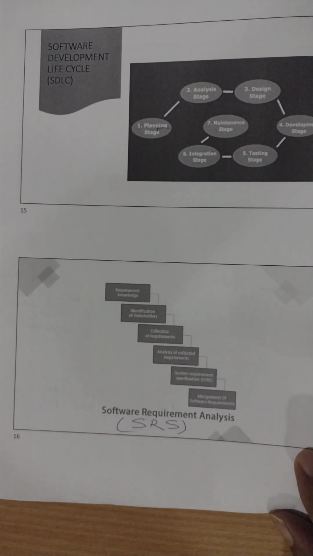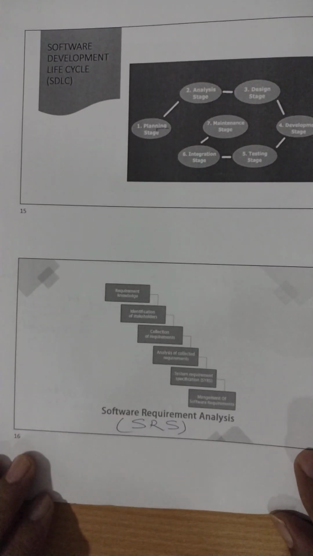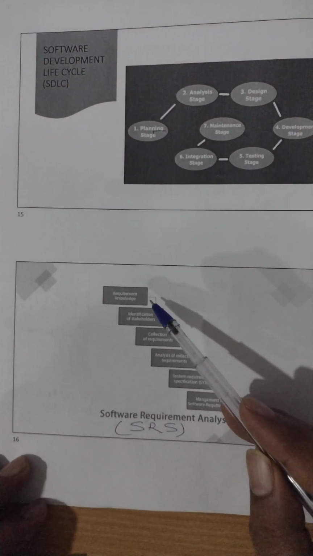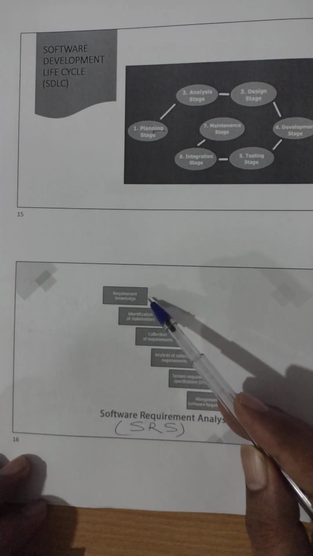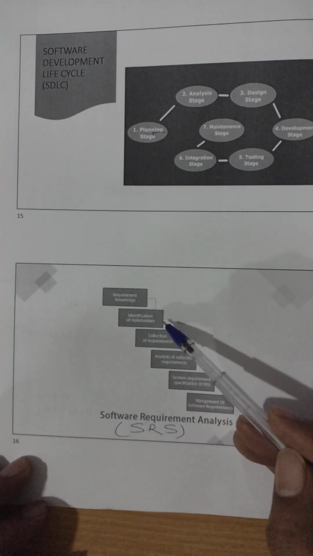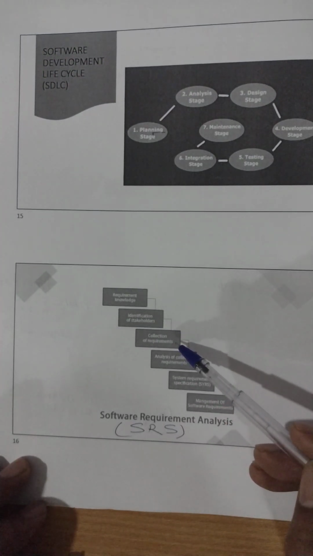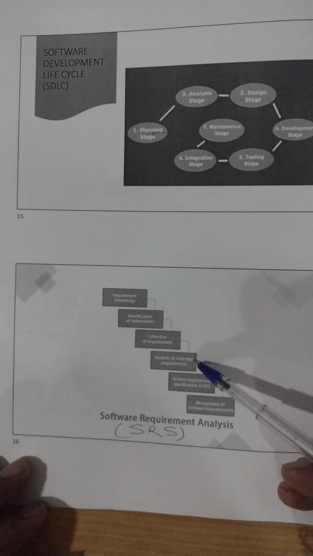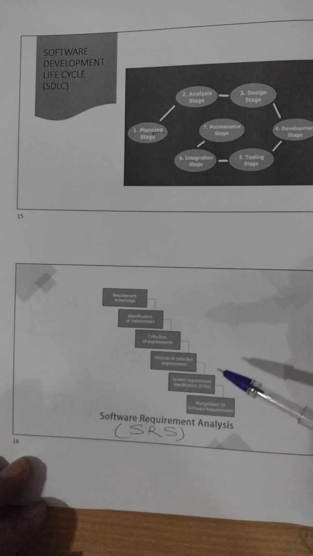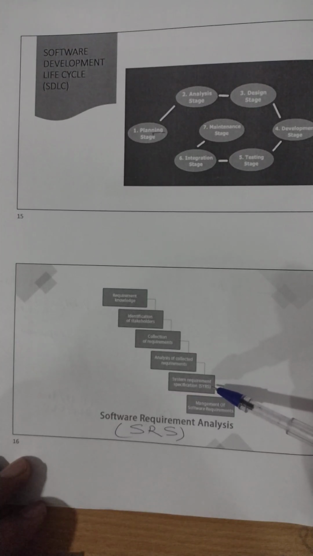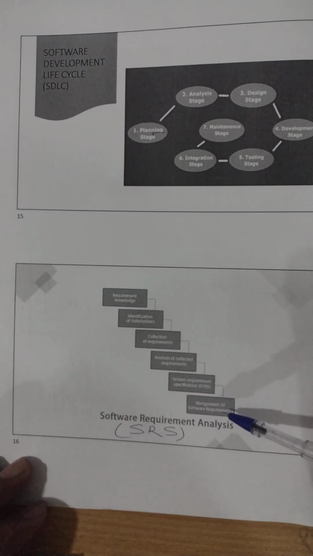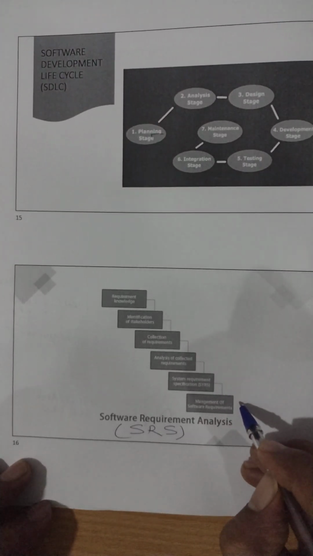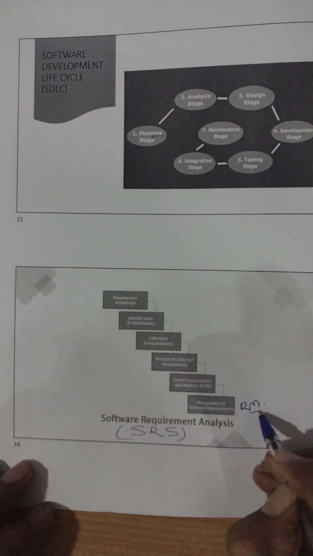The first stage, requirement analysis, is where you get knowledge about the requirement, identify the stakeholders, collect the requirements, analyze the collected requirements, then prepare the system requirement specification and manage all these requirements through the requirement management process.